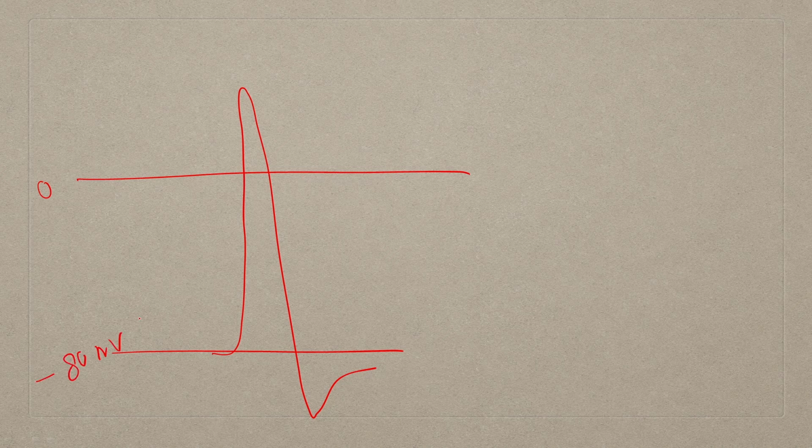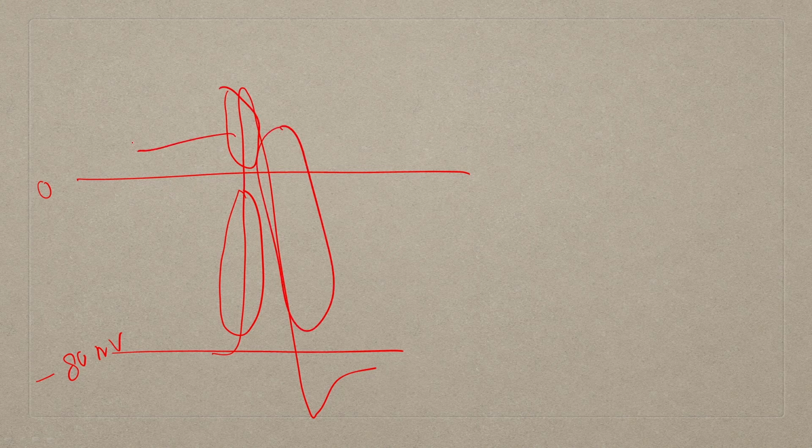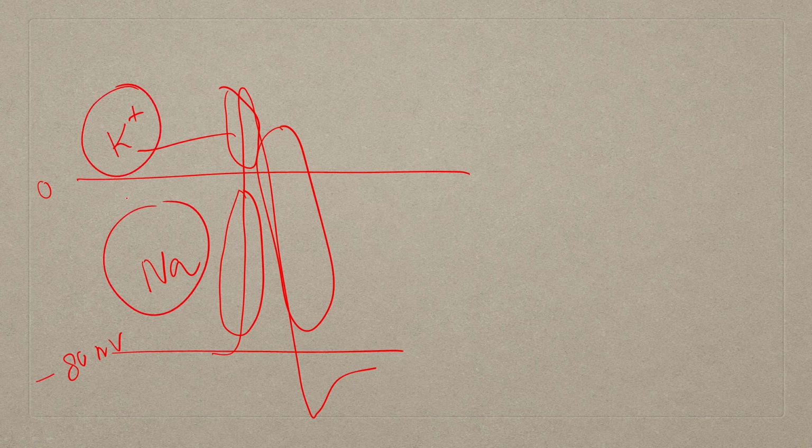It means this event is being conducted by 3 different kinds of currents: potassium current, sodium current, and of course, the pump. How could we measure these currents? These currents are nothing but fluxes, right?